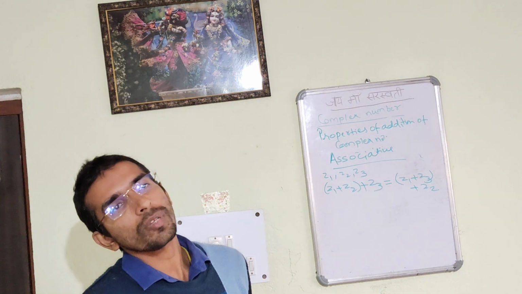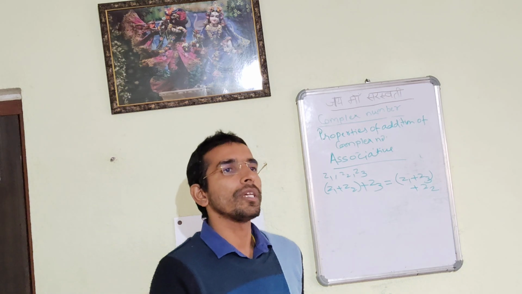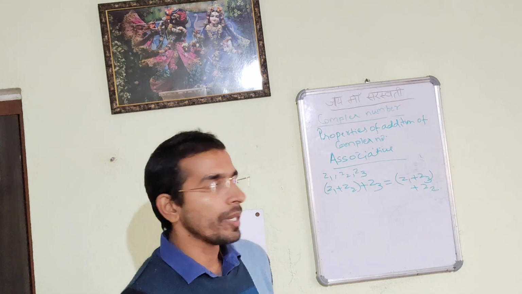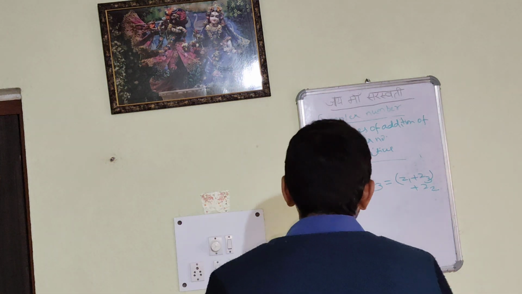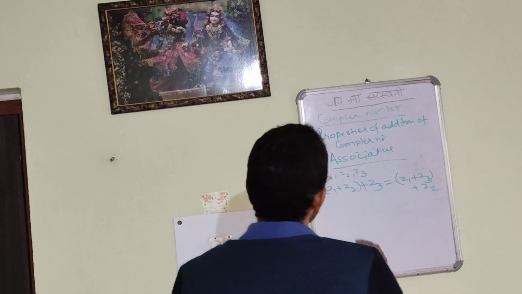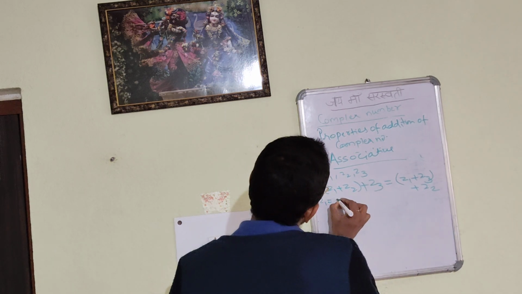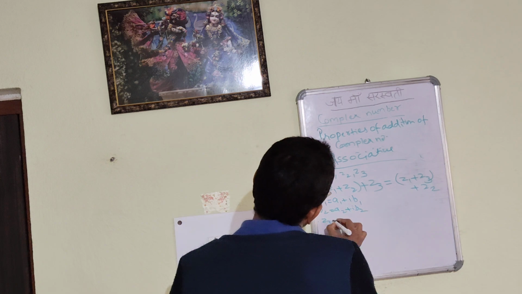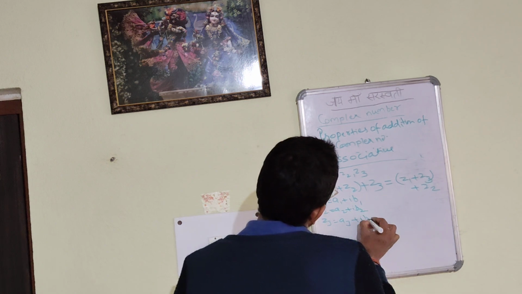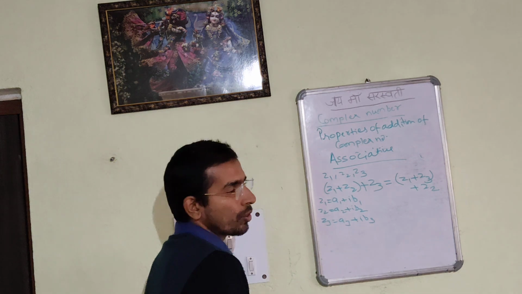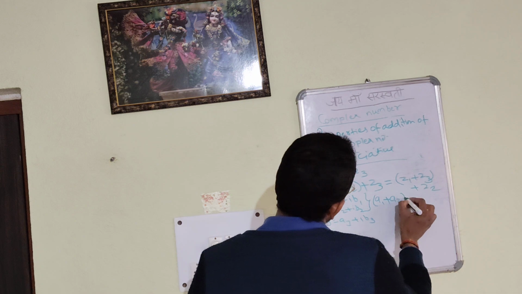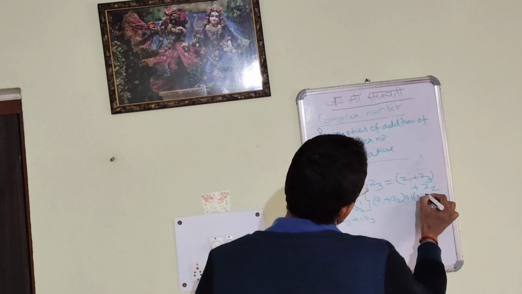The addition of the complex numbers is associative in nature, and we will be seeing some of the examples which will certify my statement. Suppose Z1 is equal to A1 plus I B1, Z2 is equal to A2 plus I B2, Z3 is equal to A3 plus I B3. So in that case, Z1 plus Z2 is equal to (A1 plus A2) plus I (B1 plus B2).